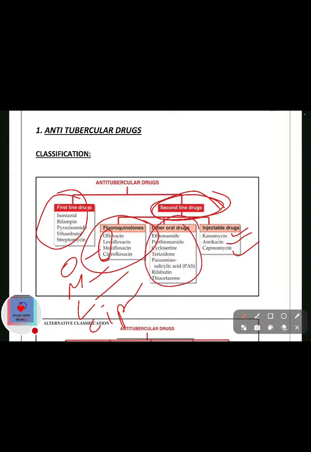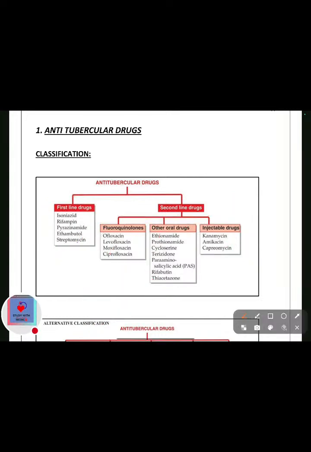Other drugs you can have, not ethambutol, are ethionamide, cycloserine, PAS which is para-amino salicylic acid, and rifabutin. Injectable drugs you have kanamycin, amikacin, and capreomycin.